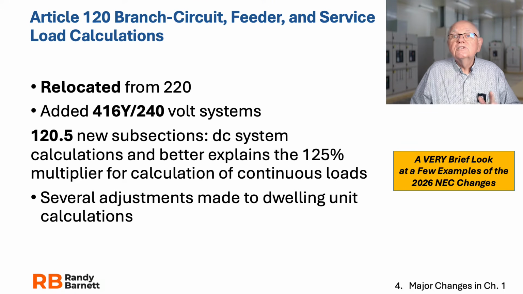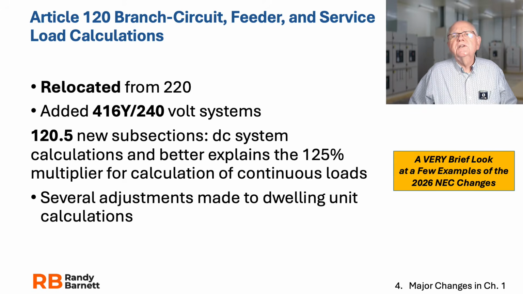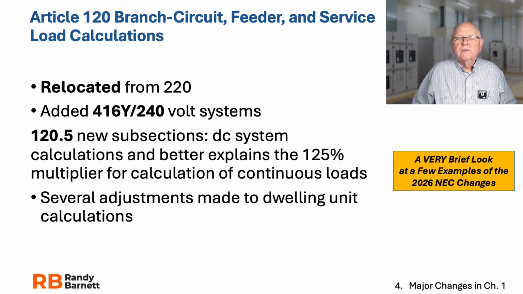Now, there's always been some question about that 125% multiplier. If I have a continuous load, you take 100% of the non-continuous and 125% of the continuous load. Definition in Article 100 for continuous load. Anyway, further clarification now in 120.5 explaining that 125% for continuous loads.